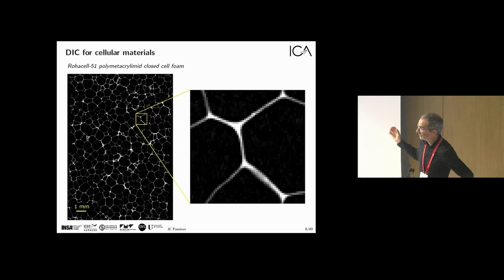This is the kind of image that we have when we play with digital volume correlation with foams, for instance. The problem is that we have very small struts, with very few pixels, and inside there is no pattern, which is necessary to make digital image correlation converge at this scale.